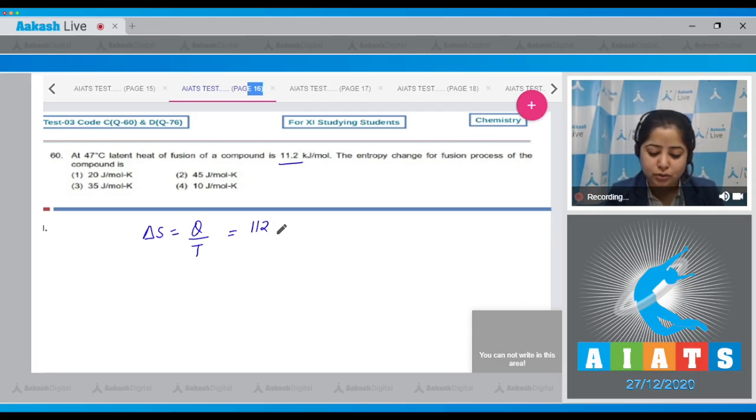So 11200 joules, and the temperature is given in degrees Celsius, so we'll be converting this into Kelvin, which is equal to 320 Kelvin, which ultimately equals 35 joule per mole per Kelvin. That means the correct answer is option number 3.